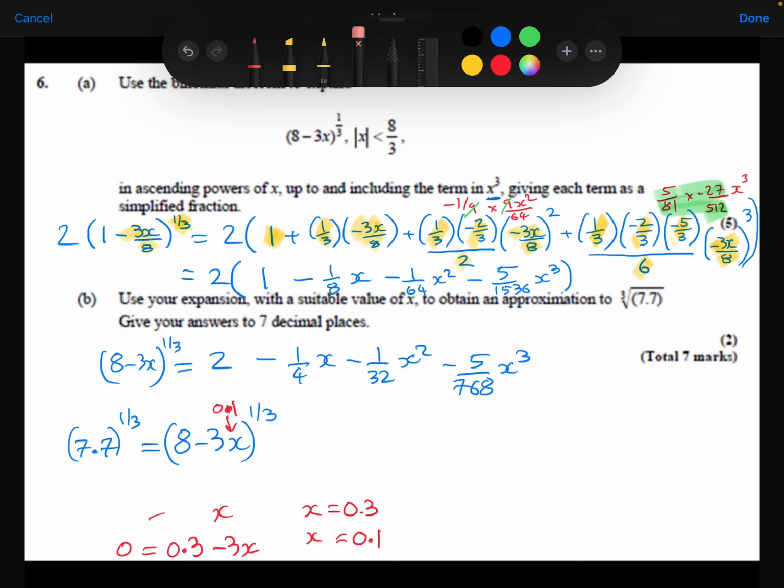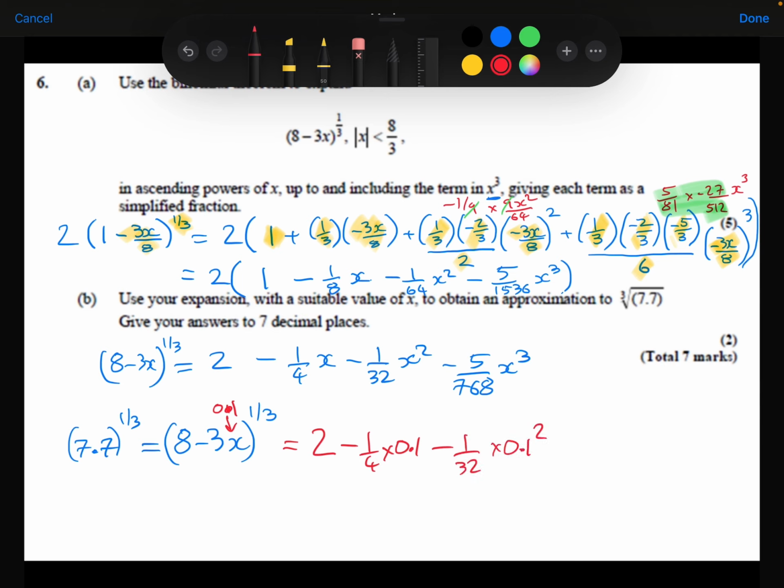So if I substitute 0.1 into my expansion, I will get an approximation for 7.7 cube rooted. So 2 minus 1/4 times 0.1, minus 1 over 32 times 0.1 squared, minus 5 over 768 times 0.1 cubed.